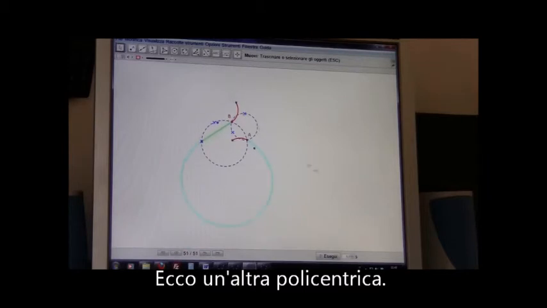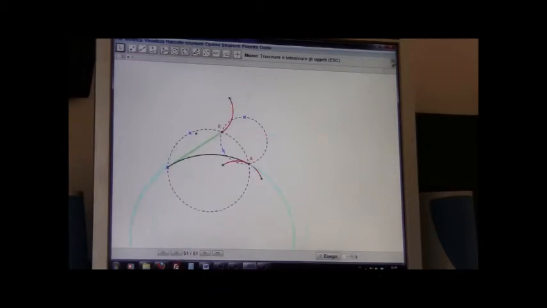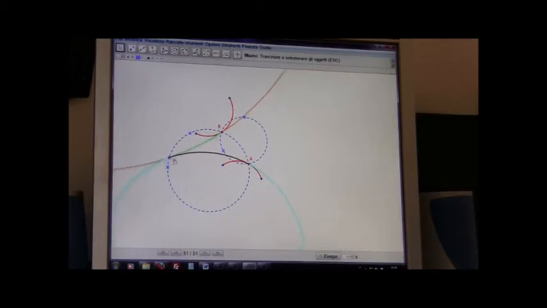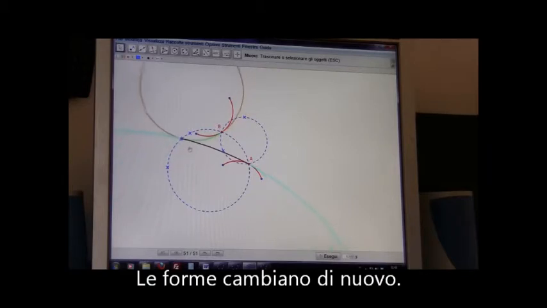We can look at it from a distance. When I get to the other side of this point with a cross, shapes change again.